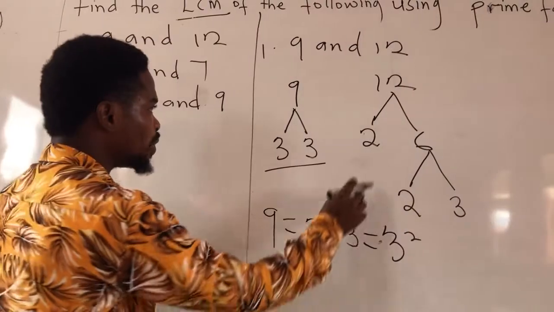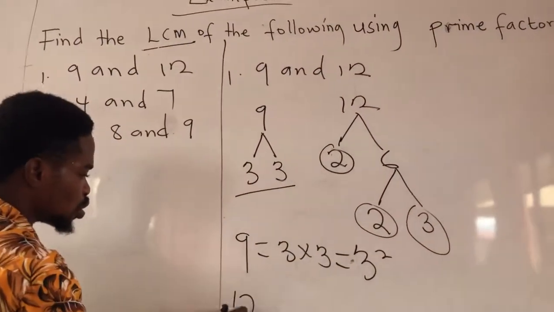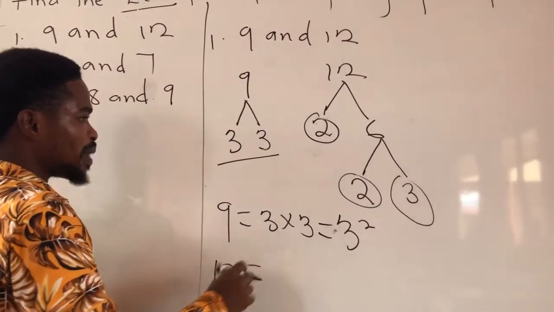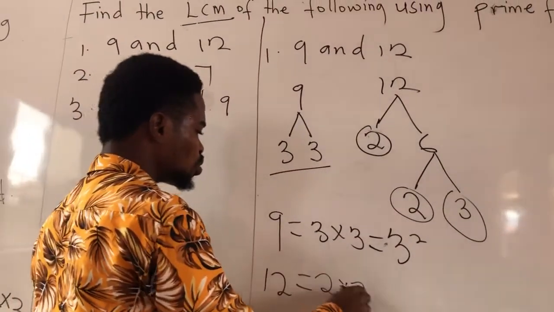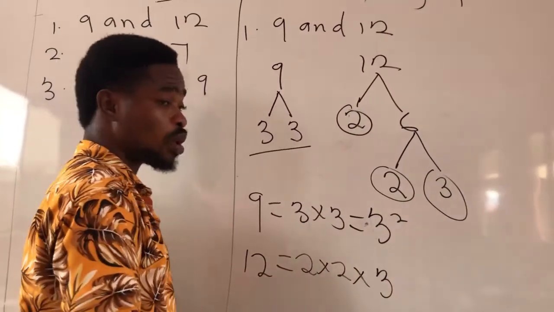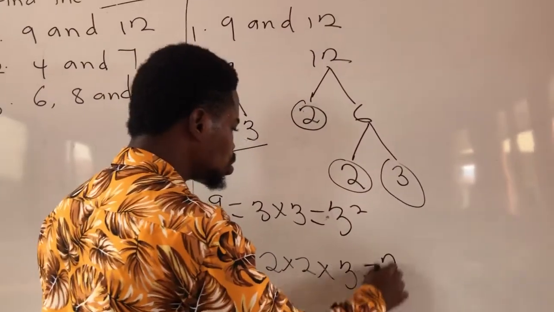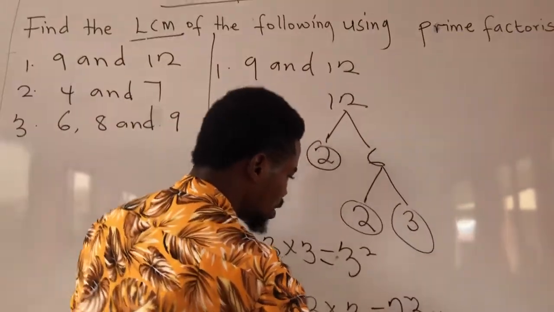Twice. For 12, 2 times 2 will give us 4, times 3 will give us 12, which can be written under prime factorization as 2 raised to the power 2 times 3.